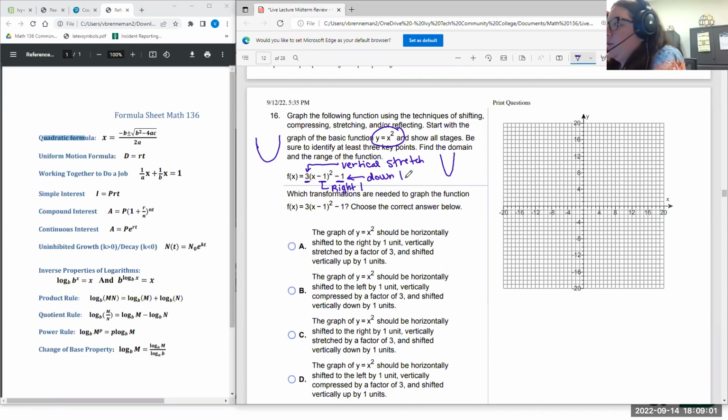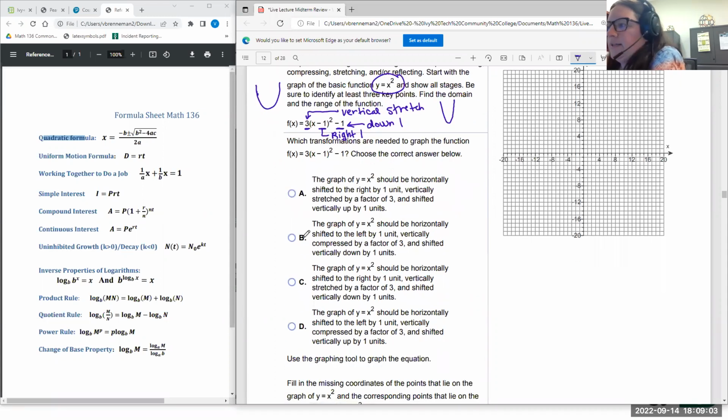All right, so this particular question has a multiple choice of choosing the correct description. So we're looking for the vertical stretch, the horizontal shift to the right, and the shift down. So we have, let's see, right 1, stretched by 3, up 1 is wrong. This one has left 1, which is wrong.